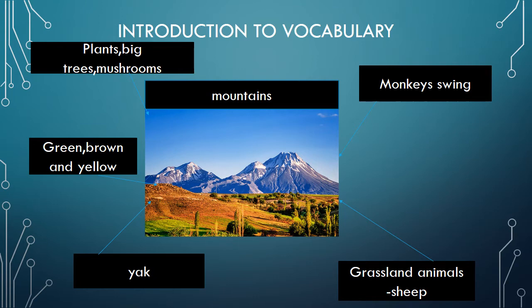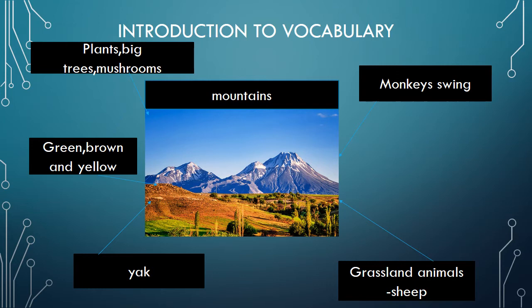Lastly, we look at the mountains. Mountains are green, brown, and yellow. You can find plants, big trees, and mushrooms growing at the mountain.